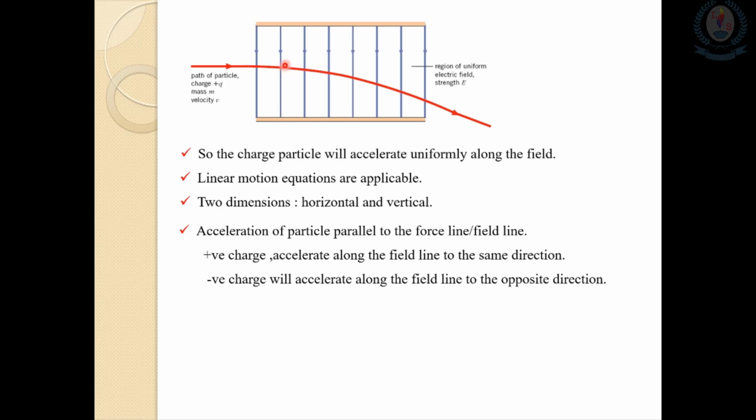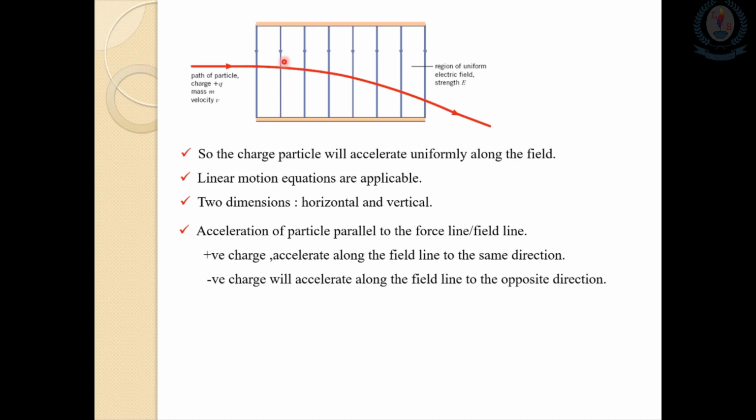As the electrostatic force acting on the charge in the field is a resultant force. What is the resultant force? The resultant force will be the electrostatic force acting on the charge, that is F equals EQ.